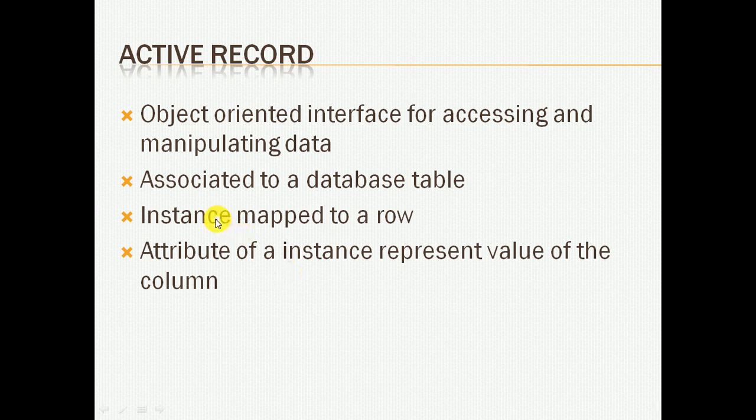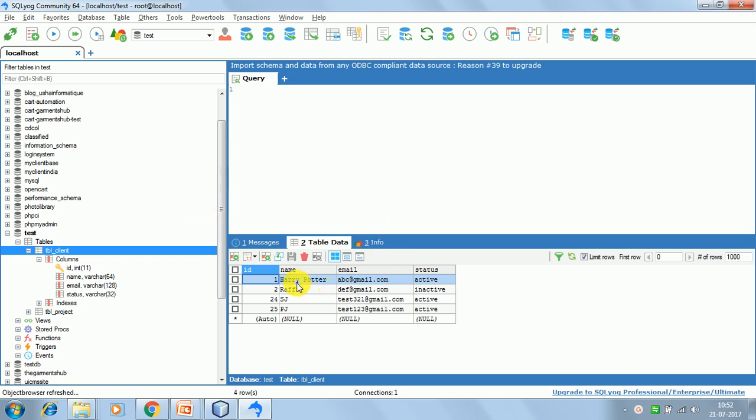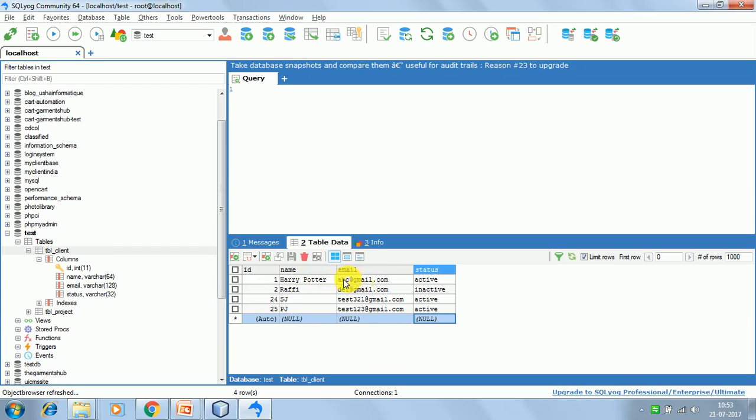Next, the instance of an active record is mapped to a row in the table. Right now we have this row in the table, so we would have an active record instance mapped to this row.